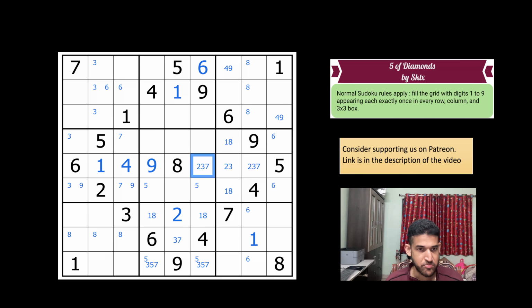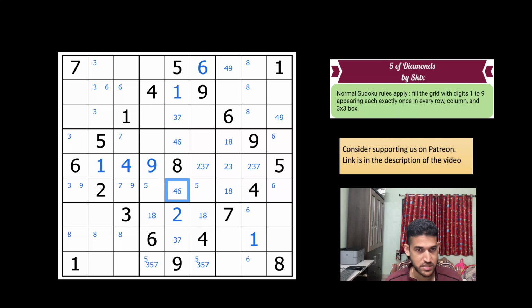Okay. Moving on. Let's perhaps look at column 5. 1, 5, 8, 2 and 9. So I need 3, 4, 6 and 7 along the column. This cannot be 4 and 6. So this is 3, 7. So I have a pair now, which means this would be 4, 6 to complete the column. Excellent. So 4 doesn't go here.